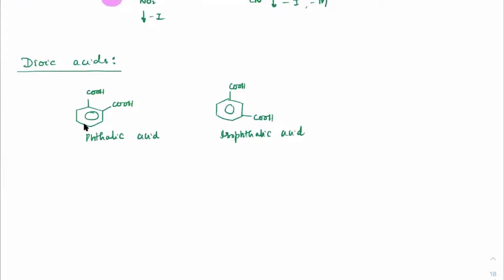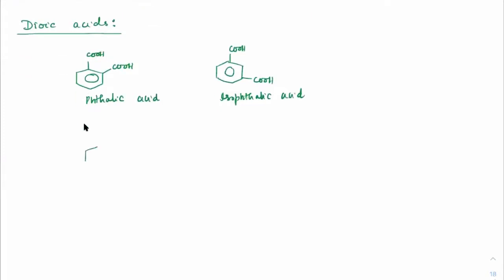pKa1 will be on the basis of what happens after the conjugate base is formed. Suppose the conjugate base is formed here, we will have COO minus and COOH. And here definitely there is a hydrogen bonding that will exist after releasing of H plus. In the other one, after removal of H plus, there is no hydrogen bonding.